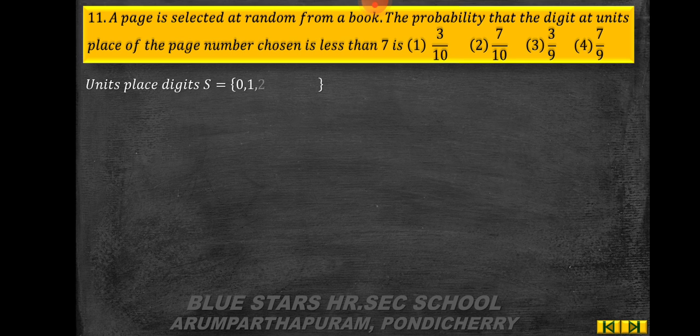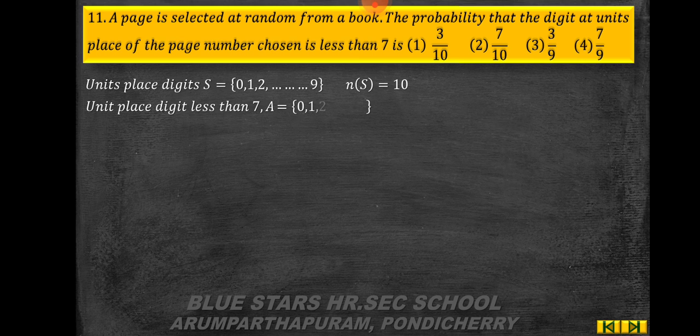So units place digits, S is equal to 0, 1, 2, etc. up to 9. If we take 10, it has both unit digit as well as tens digit. So we are taking 0 to 9. So n of S is equal to 10.